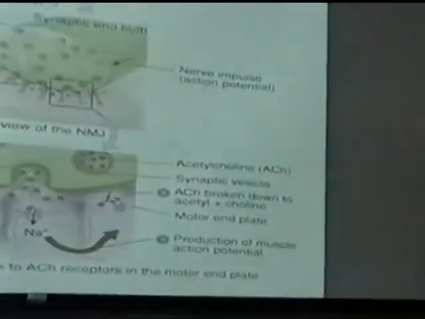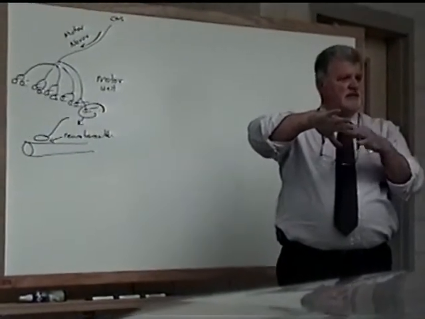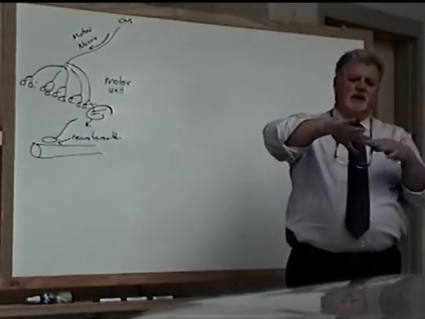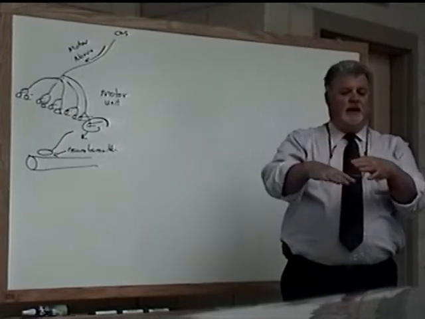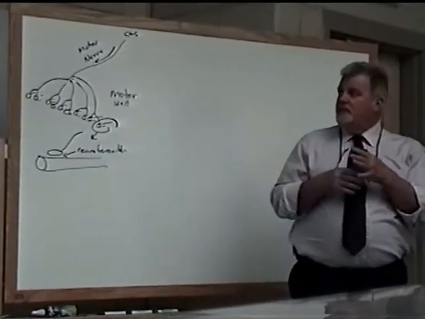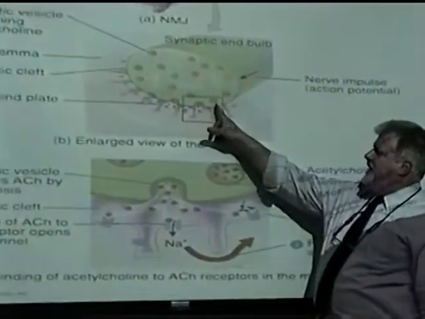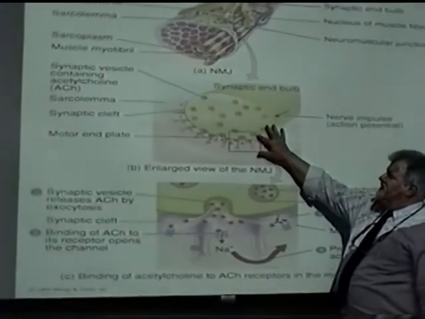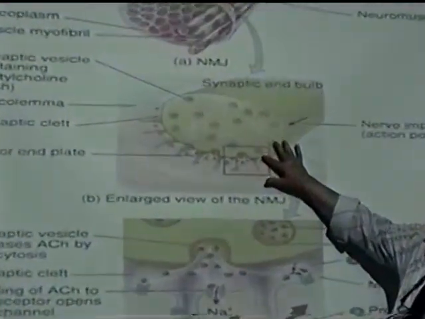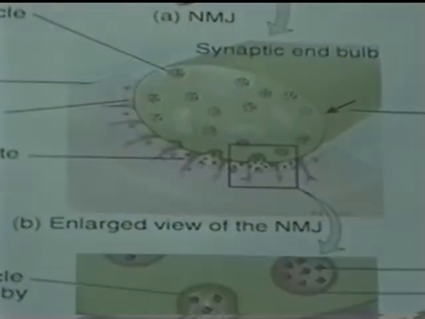What's going to happen is when you stimulate a nerve, it's the brain that's going to initiate this process to create a muscle contraction, and then the impulse is carried down the nerve to the synapsis. When the nerve impulse arrives at the synapsis, it causes these vesicles to migrate to the surface and release the neurotransmitter.